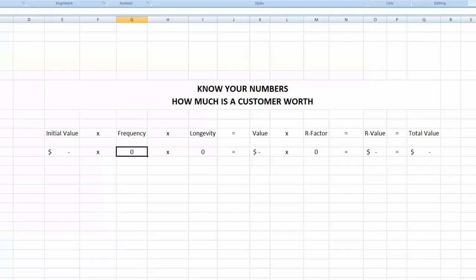So the initial value of the order, let's just say it's a $600 order. Maybe it's $12 t-shirts, so that's 50 shirts. The frequency of the order: is this just something they're going to do once and never do again? In that case, the frequency would be once, and we're talking about per year.